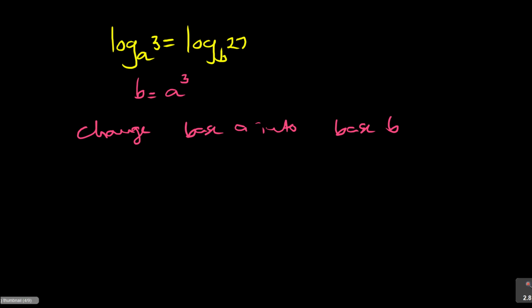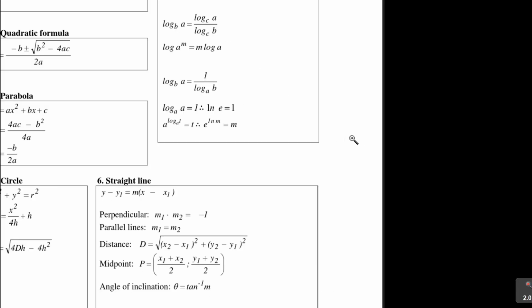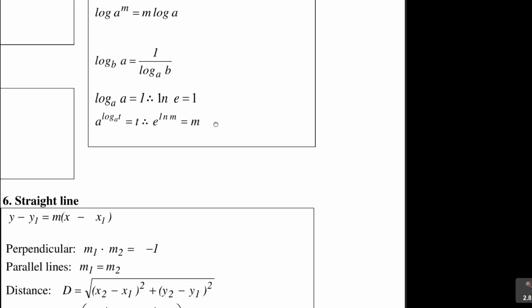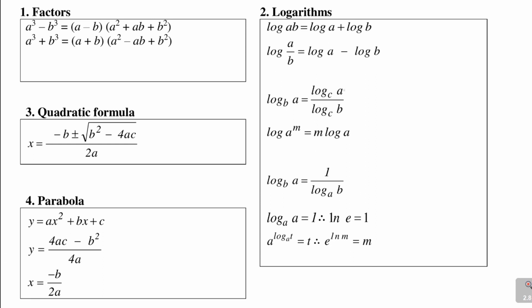Let me show you the formula. There is a formula for this. Let me see if it's given here for log. Yes, it must be here. When you're changing a base, you use this one. See this, log base b of a, you are changing everything into a new base c.